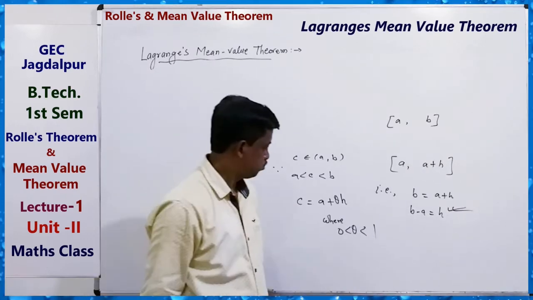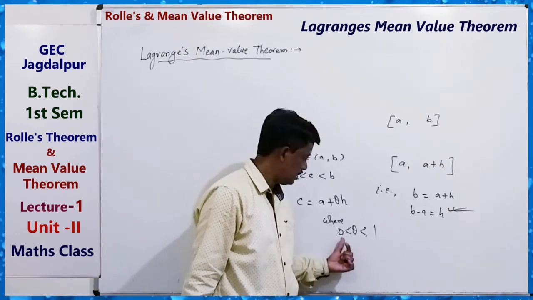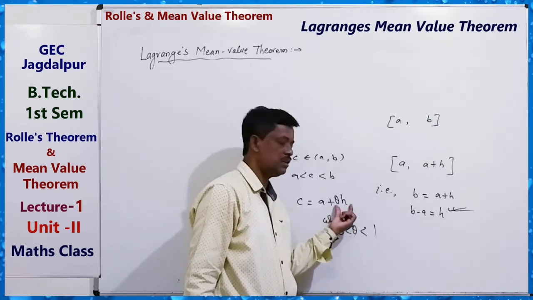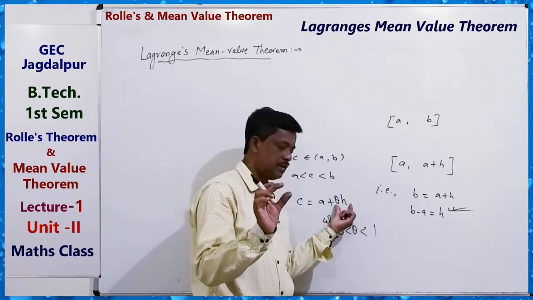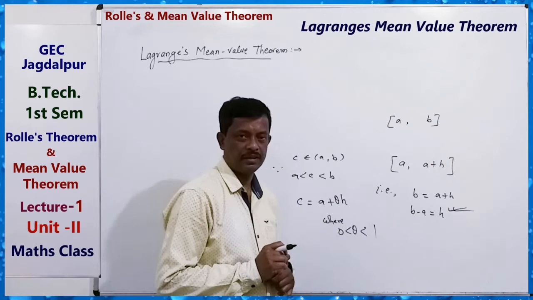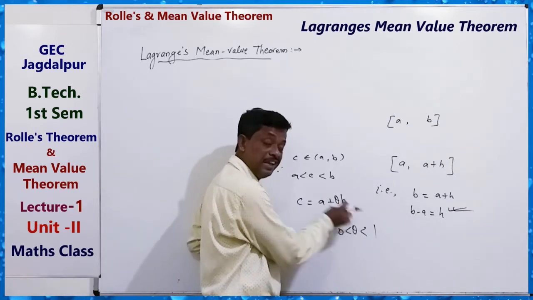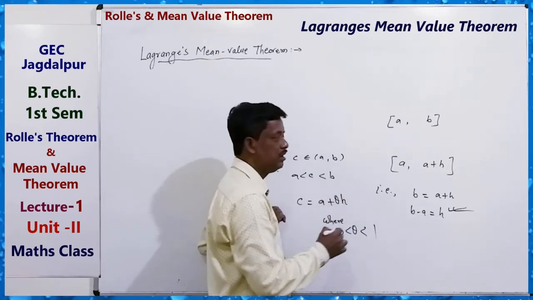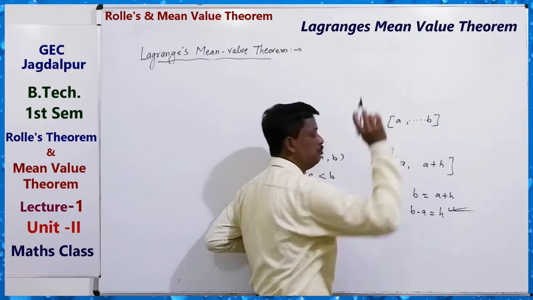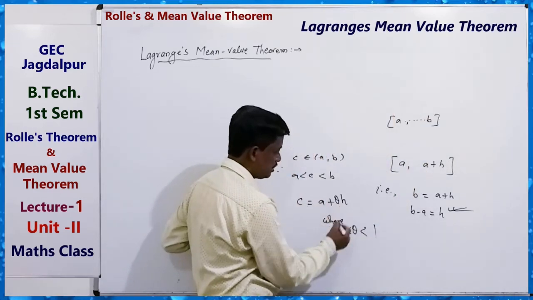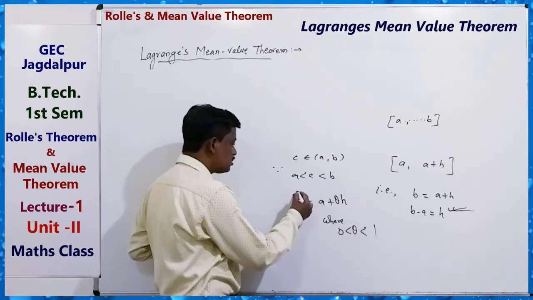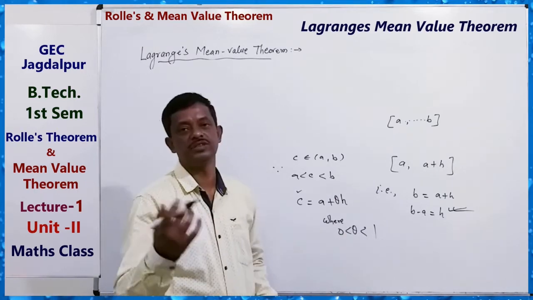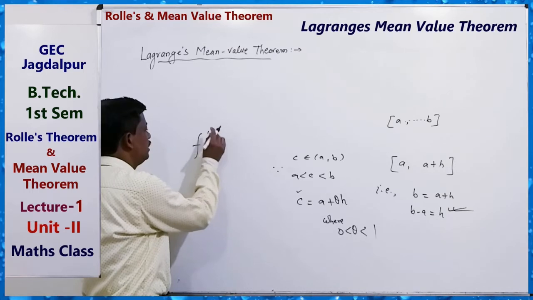If we take a real number theta between 0 and 1, then theta H is a number less than H. As theta varies, we go from A up to B. So C can be written as C equals A plus theta H, where theta lies between 0 and 1. So in place of C, we can write A plus theta H.